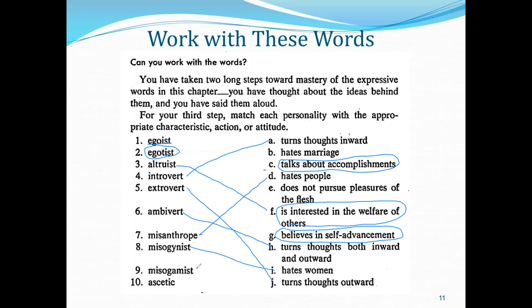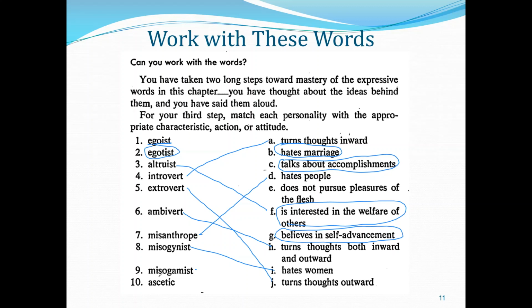Misogamist, and that would be a person who hates marriage. That is B here. Oh, here I have a lot of spaghetti lines, so I'm trying to avoid having all the connecting lines messed up too much, right? Misogamist would be a person who hates marriage.